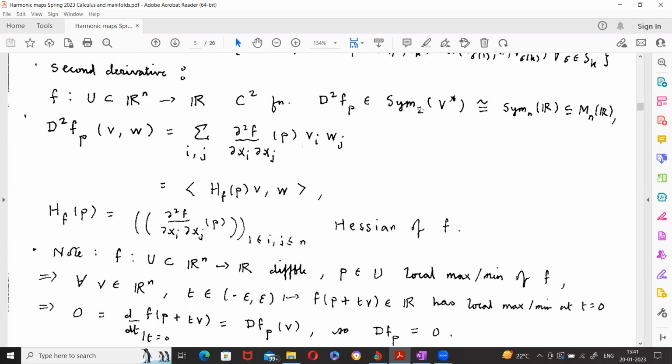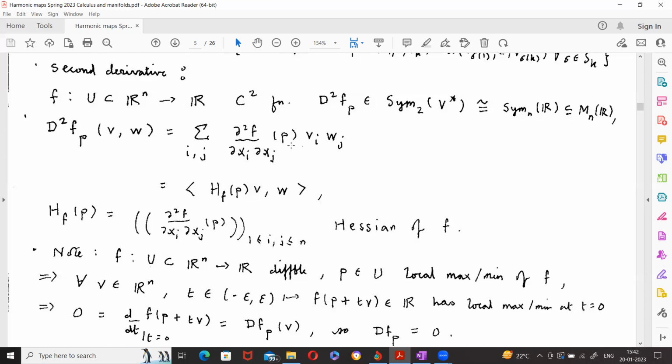A symmetric bilinear form on R^n can be identified with a symmetric matrix, right? So in this case, what happens? This second derivative, d^2 f acting on vectors v, w, is the bilinear form sum over i,j of ∂^2 f / ∂x_i ∂x_j at p times v_i w_j.